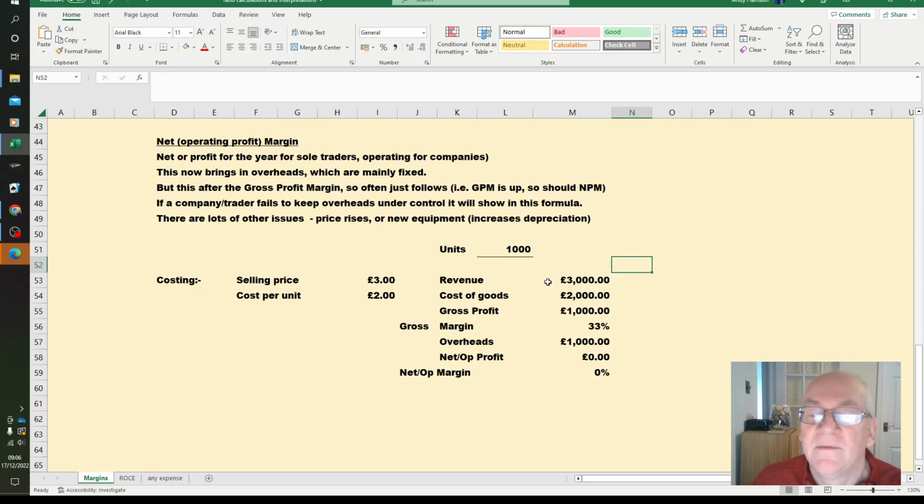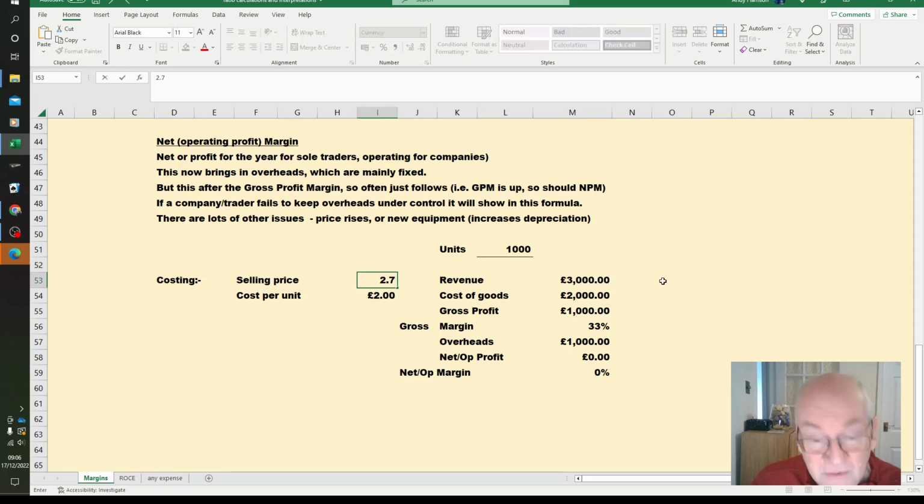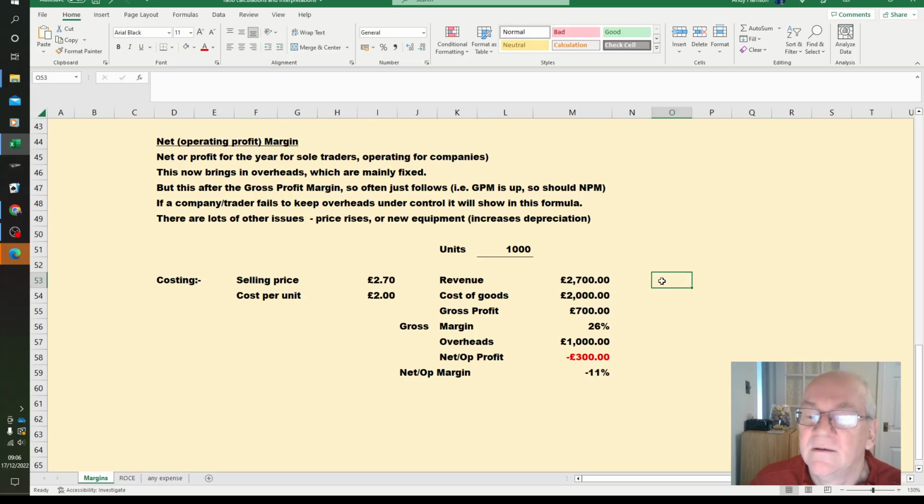Now, if the gross profit margin changes, the operating profit margin changes, so let's do the same calculations we did earlier. So this one reduced our margin here. We've actually made a loss now, and the net margin reduces as a result, unless of course I make more units. I've reduced the price by 10%.